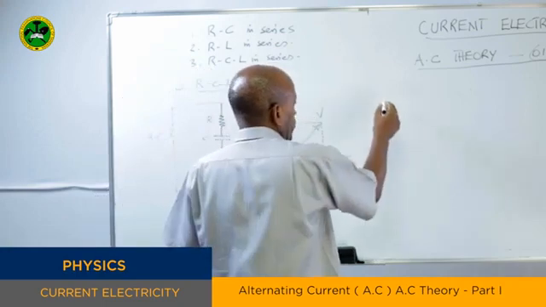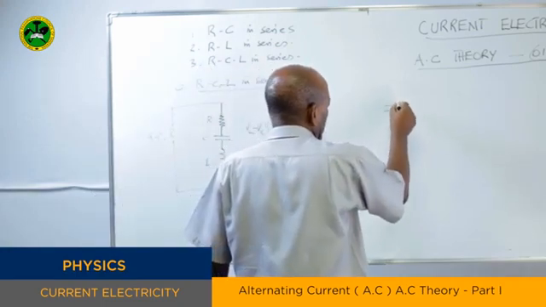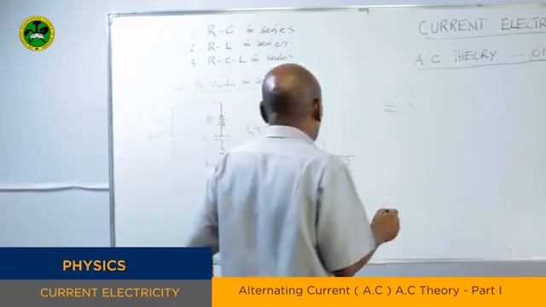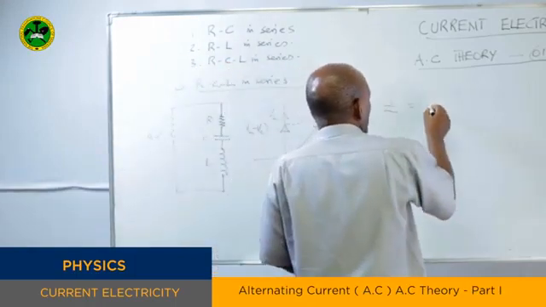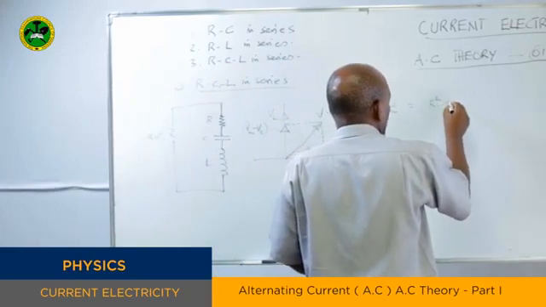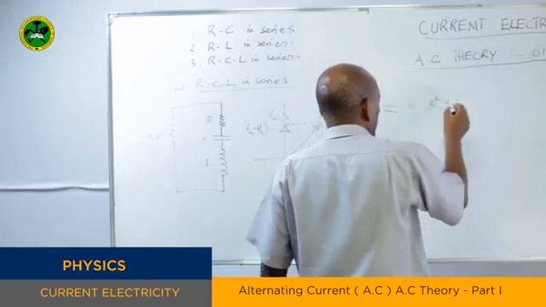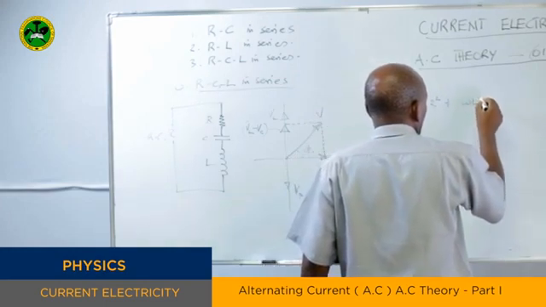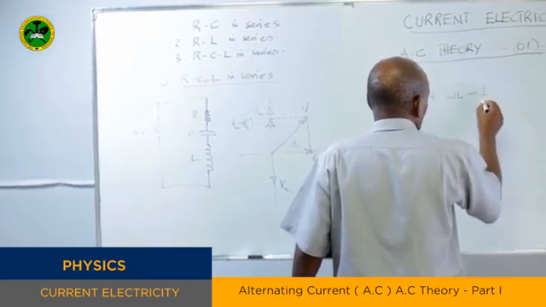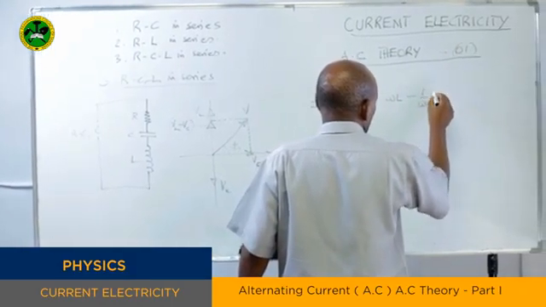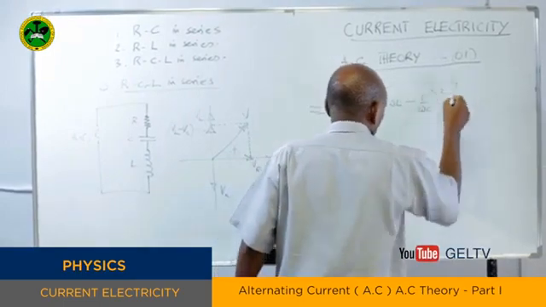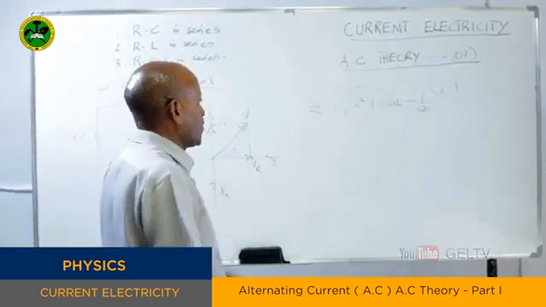If you go through, you will eventually get the total impedance of the combination of these three circuit elements, equal to the square root of R squared plus omega L minus 1 over omega C, the whole of this squared. So we have something like that.